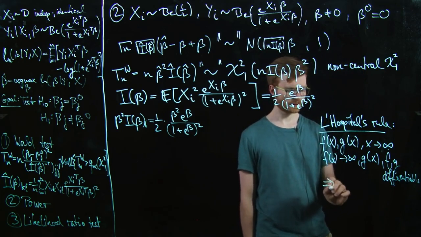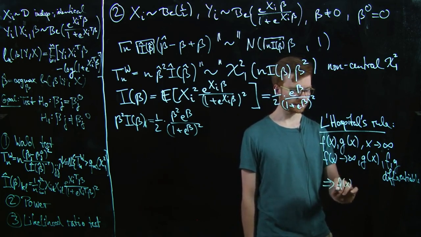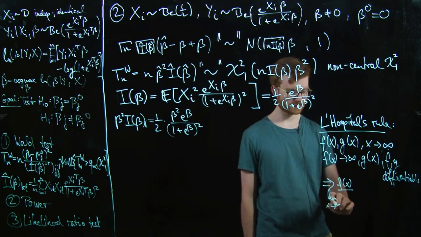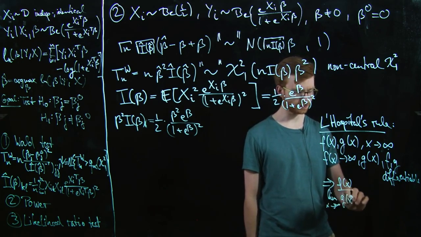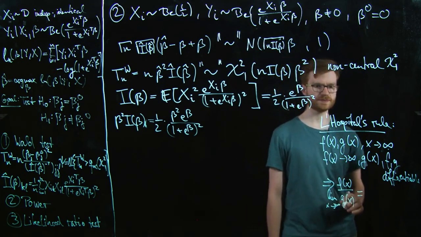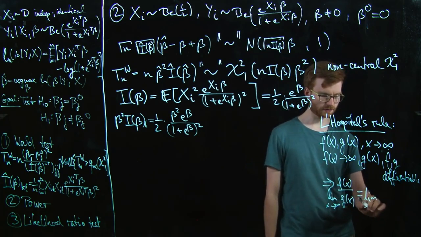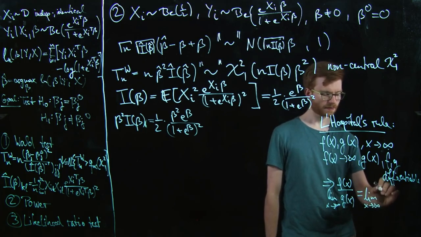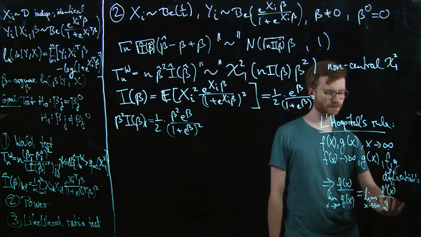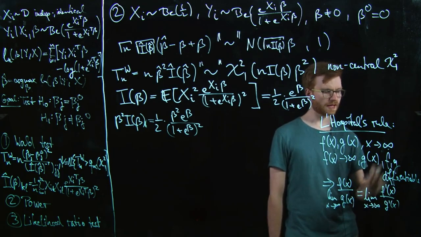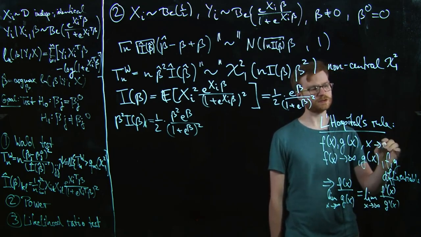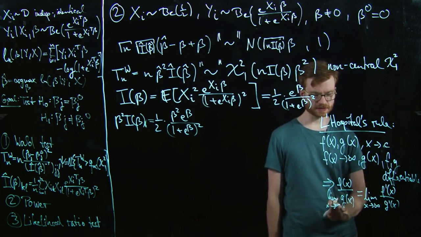then the limit as x goes to infinity of f of x divided by g of x is the same as the limit of x going to infinity of f prime of x divided by g prime of x. And actually, let's write it down in terms of any c, and c can be infinity.